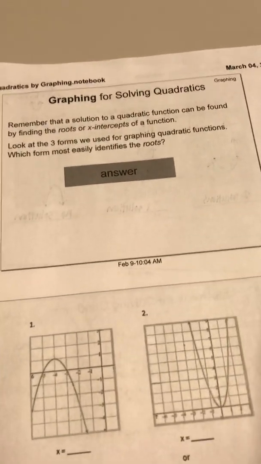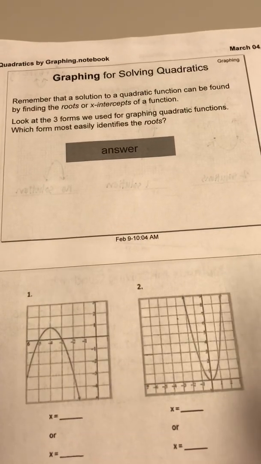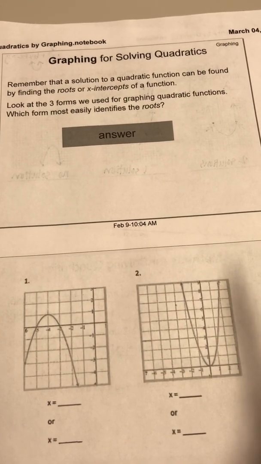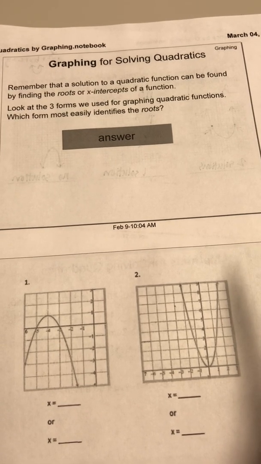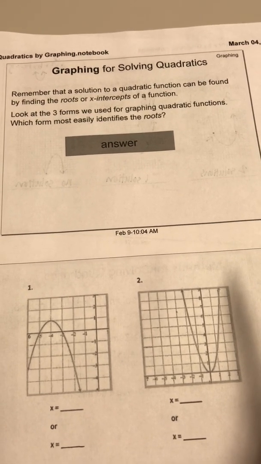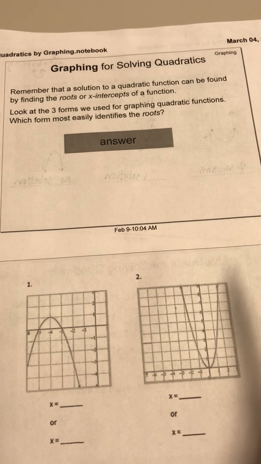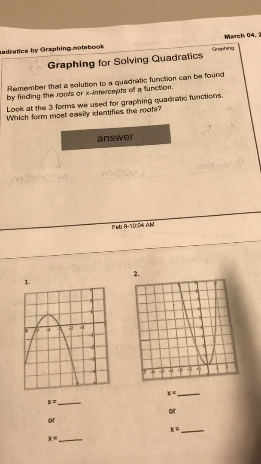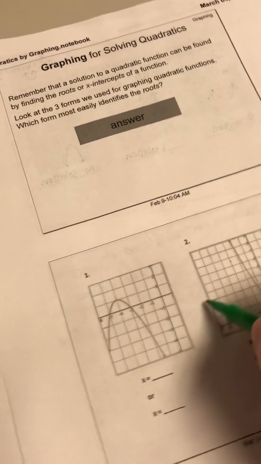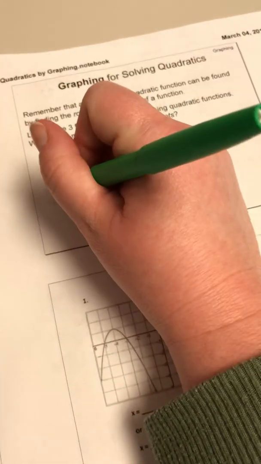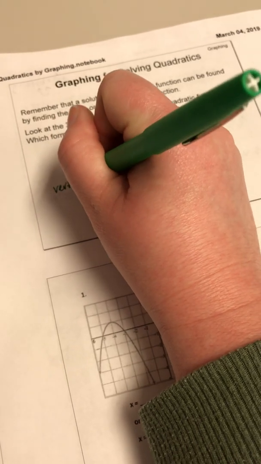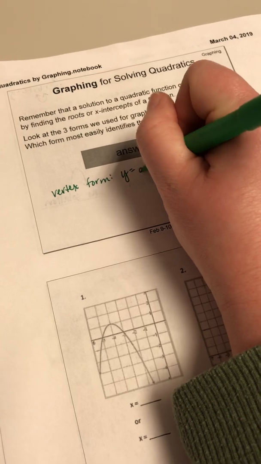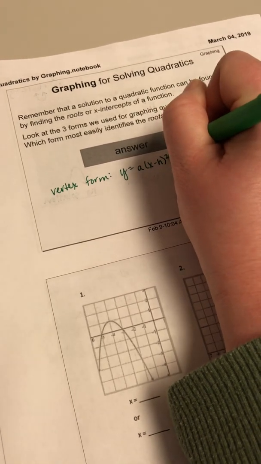All right, so remember when you are graphing for solving quadratics that a solution to a quadratic function can be found by finding the roots or the x-intercepts of a function. Look at the three forms we use for graphing quadratic functions. Which form most easily identifies the root? When you go back and think about the three forms, we've got vertex form, y equals a times x minus h quantity squared plus k.